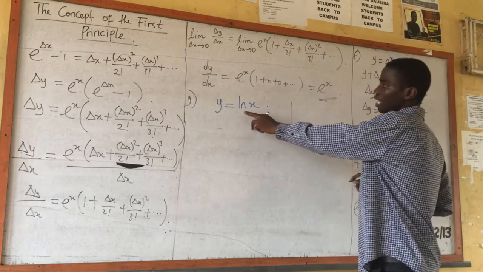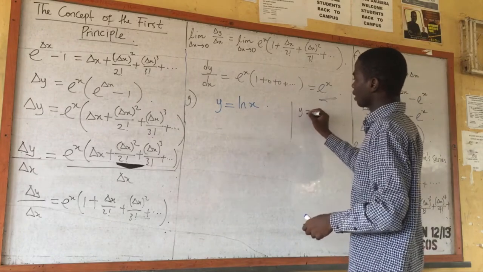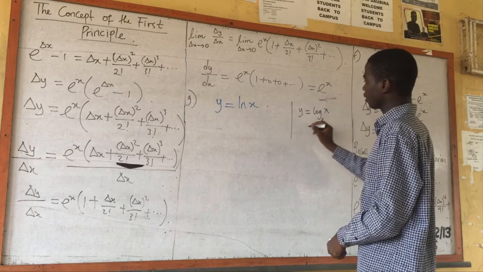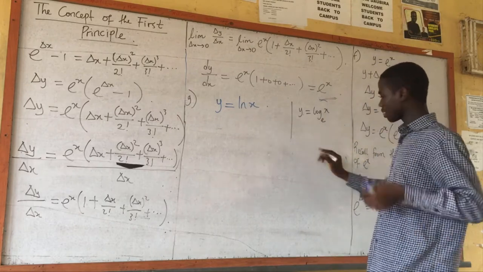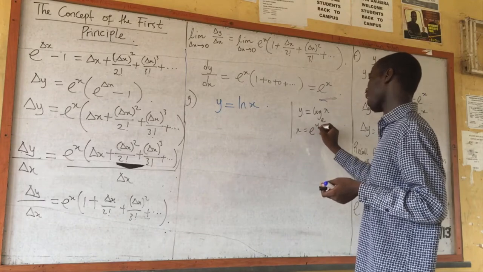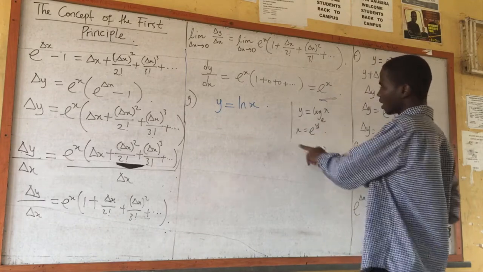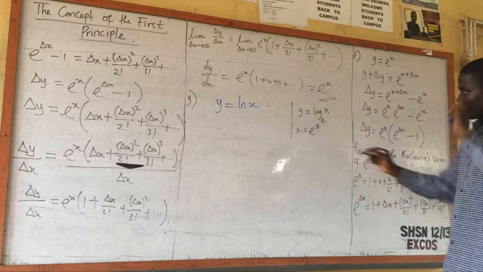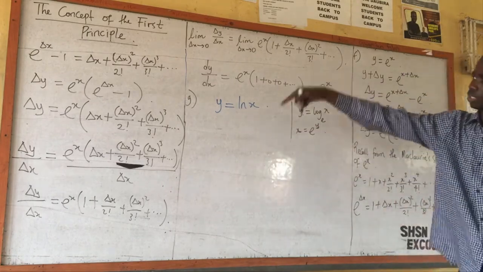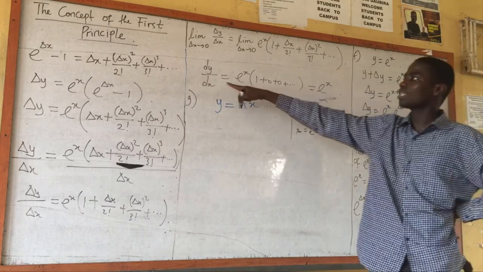Since y is ln s, which is log s base e, by the time you write it in indices form, you will see that s will be equal to e raised power y.